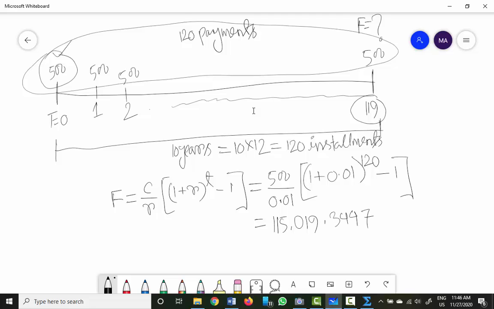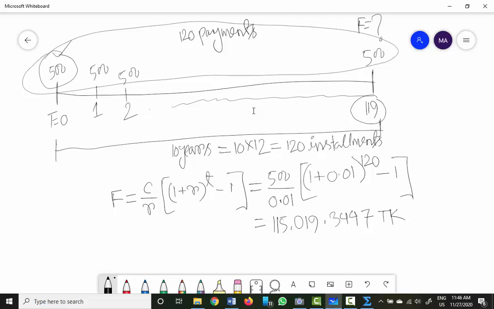So we should get 115,019.34447 taka after maturity. That means Mrs. Parveen should receive 115,019 taka 34 paisa after 10 years of savings.